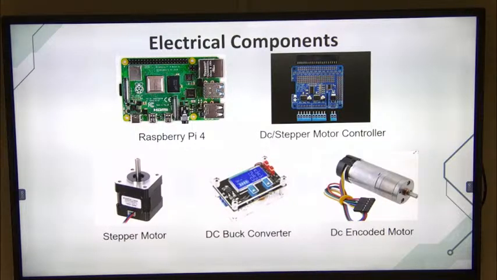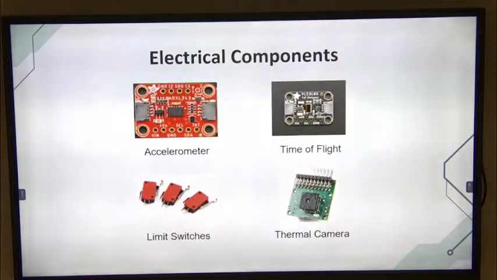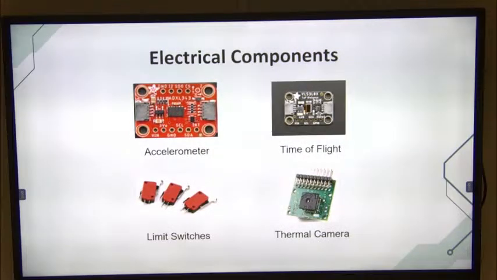And we have the DC stepper motor drivers, which control all the motors, and a DC-DC step-down buck converter. Also, we have the accelerometer, the time of flight sensor, and 6 limit switches at each corner. So when the camera touches a limit switch, the Raspberry Pi knows that that is the limit and it can move forward. And also we have the thermal camera.